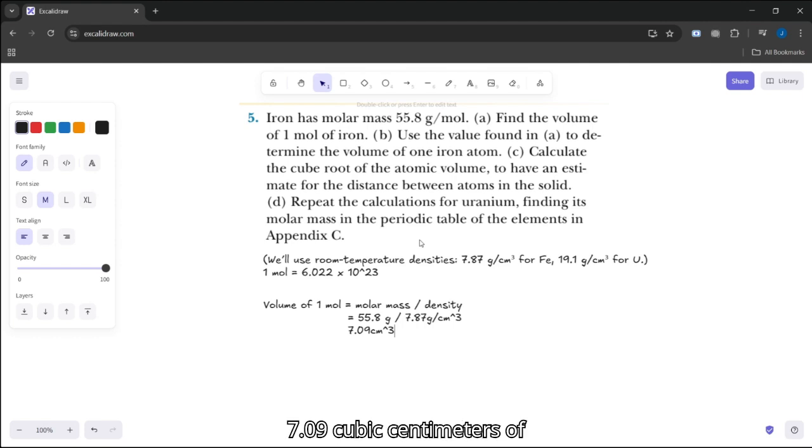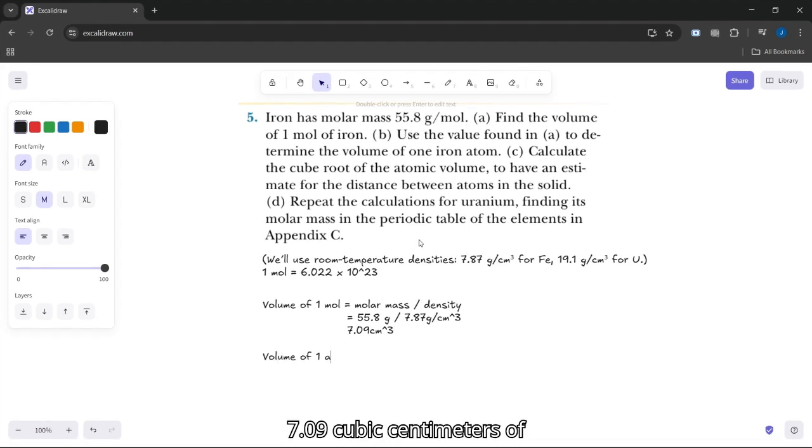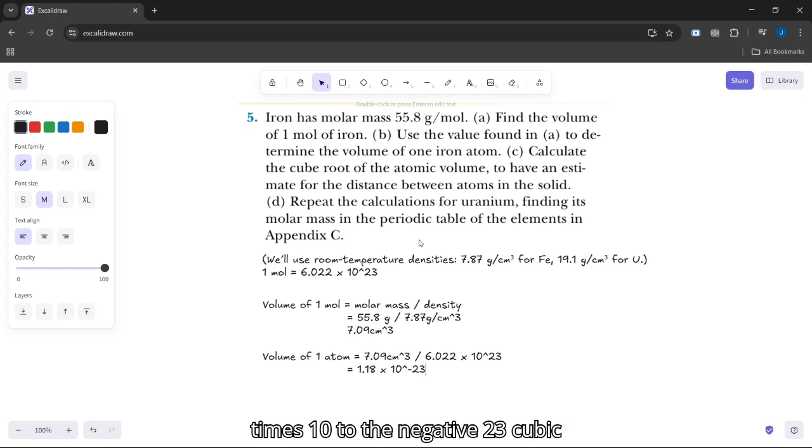We know that 7.09 cubic centimeters of space holds 1 mole of atoms. So we can just divide 7.09 cubic centimeters by 1 mole, and this will give us the volume of one atom, which is approximately 1.18 times 10 to the negative 23 cubic centimeters.